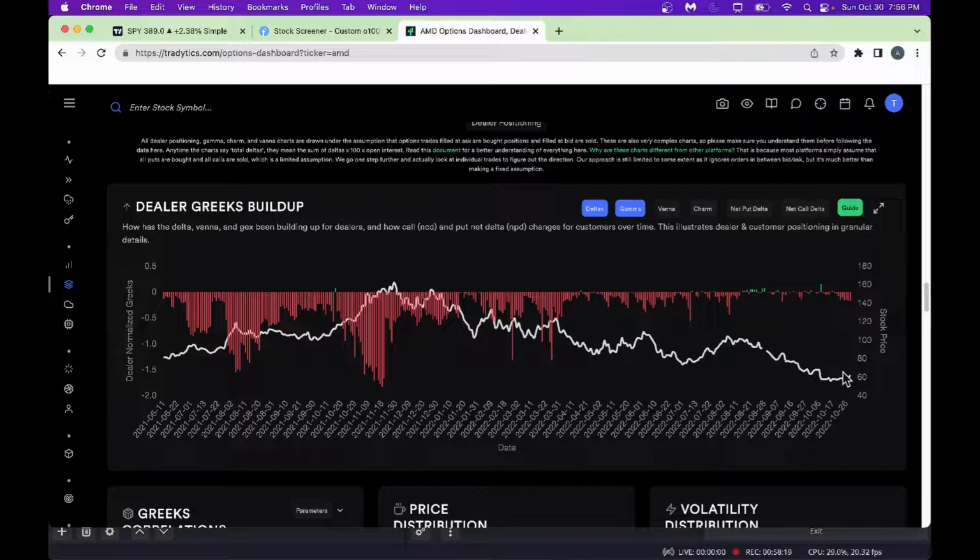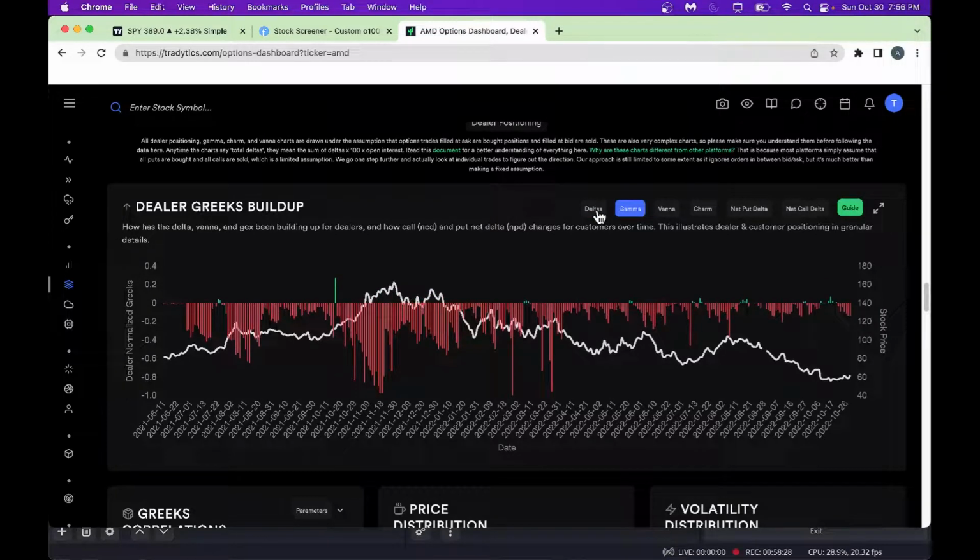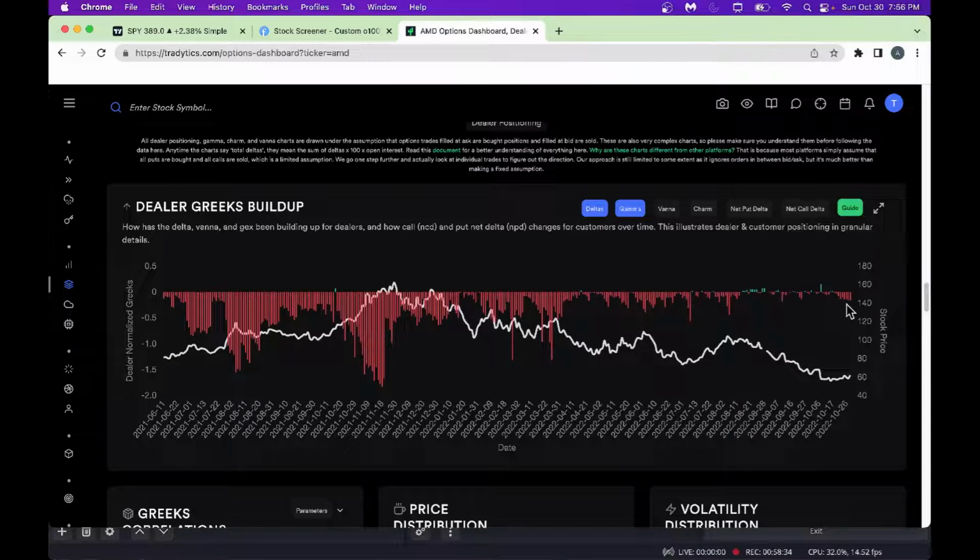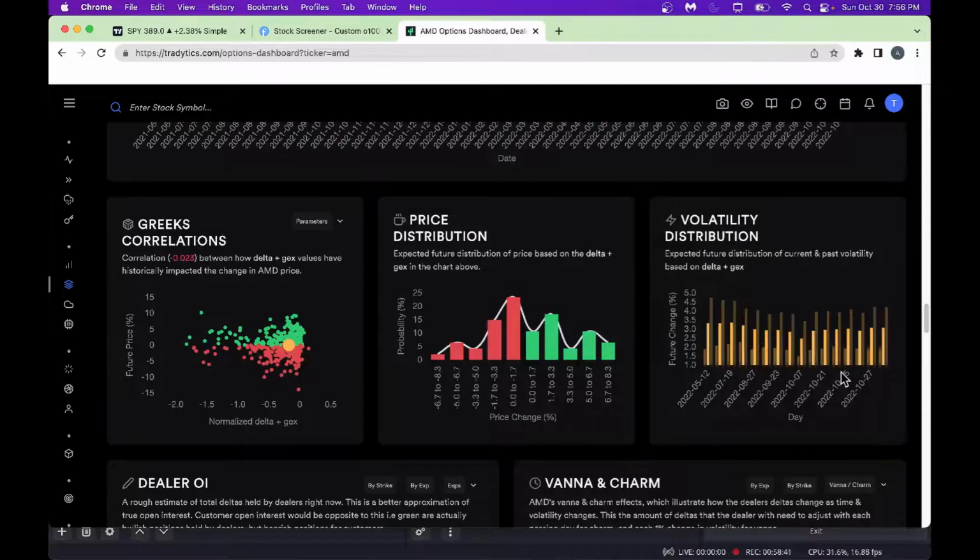It's always good to look at the dealer Greek build-up, whether the dealer is net delta positive or net delta negative. Right now, if you go back to delta here, the dealer is net delta negative. The delta itself is on the negative side. And you've got various things going on here.